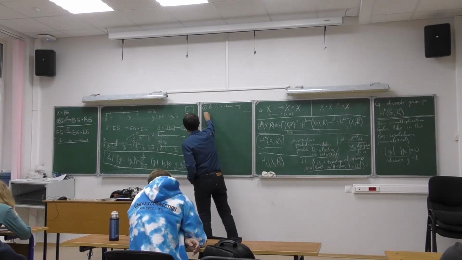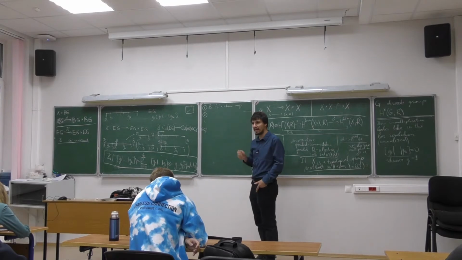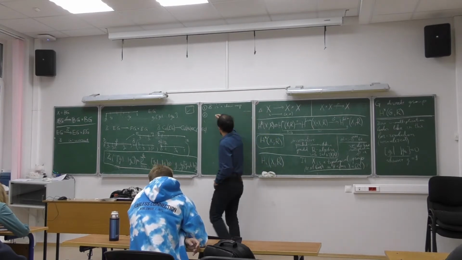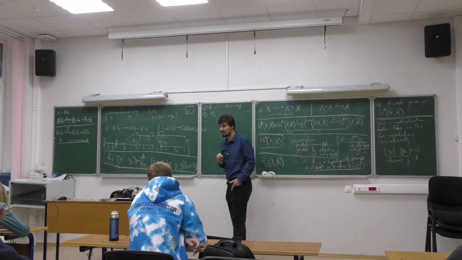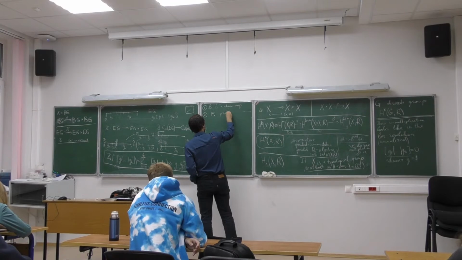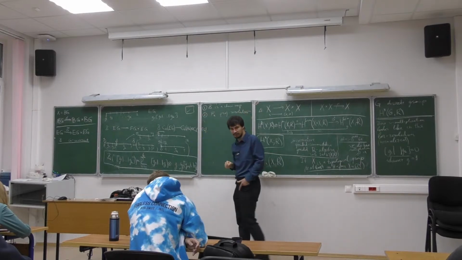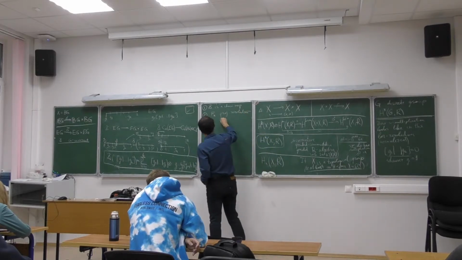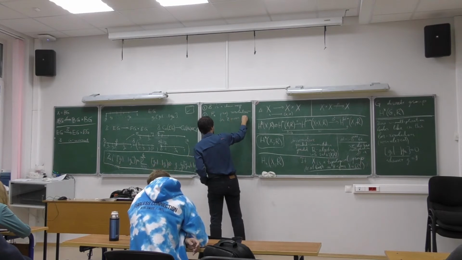But the second exercise is, in fact, the following. Suppose that we have any projective resolution, let F star be a projective resolution, maybe not the bar resolution or any other projective resolution for Z over ZG.